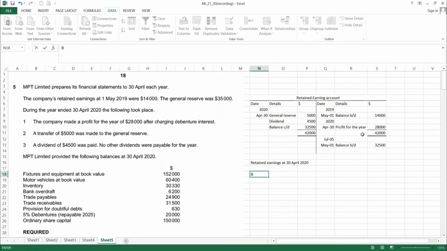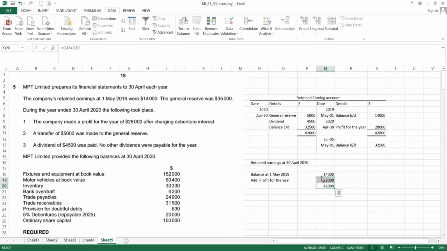So you can say the balance at 1st May 2019, the amount is 14,000. Now during the year, what are you going to add? You're going to add the profit for the year, because it increases your retained earnings, 28,000. So you add these two first.